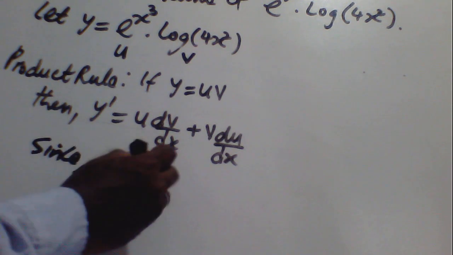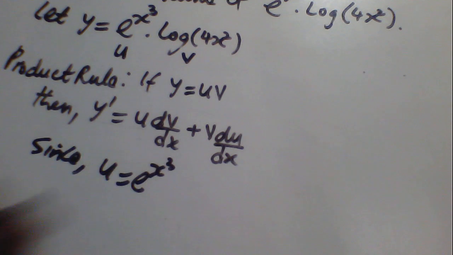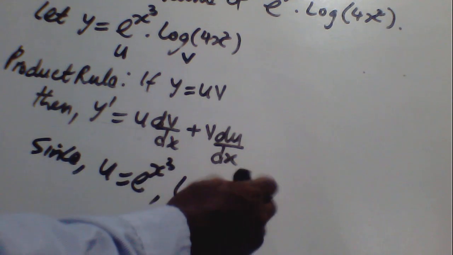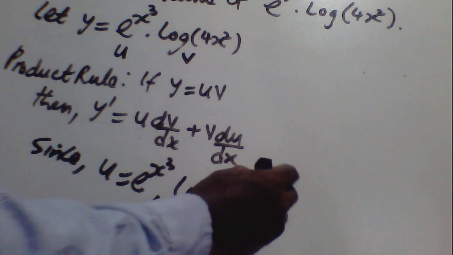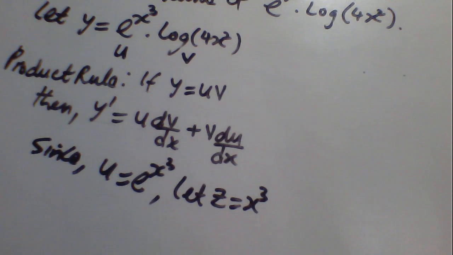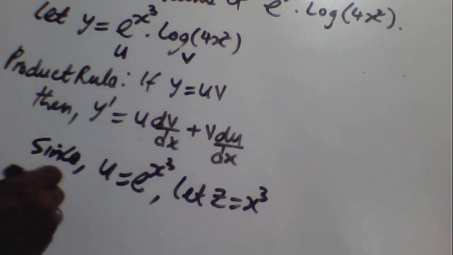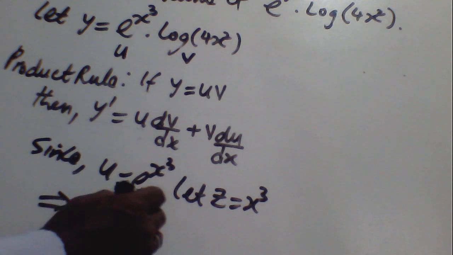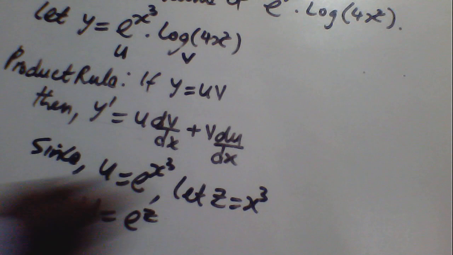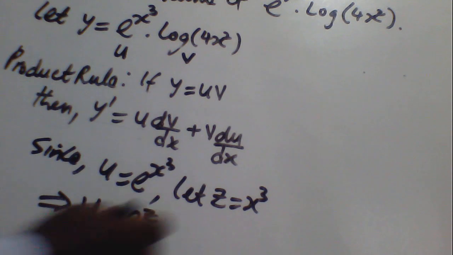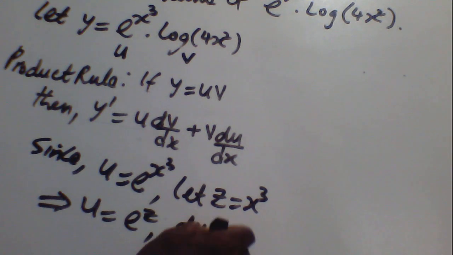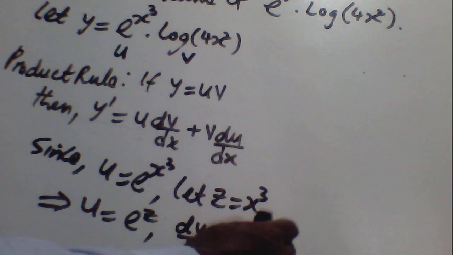Since u is equal to e raised to the power x cubed, we can assign another variable. Let z equal x cubed. Once you do that, this implies that u is equal to e raised to the power z, and for that reason du over dz will give us e raised to the power z.